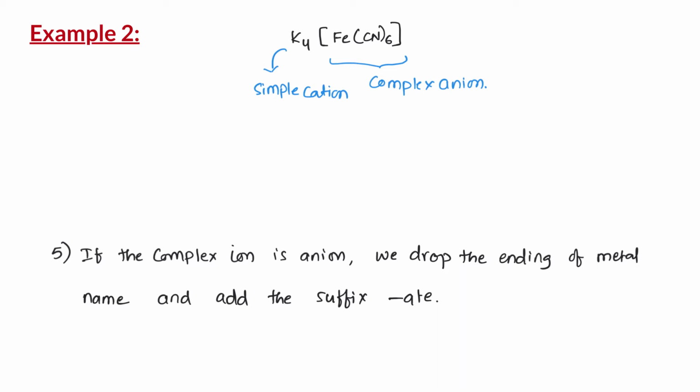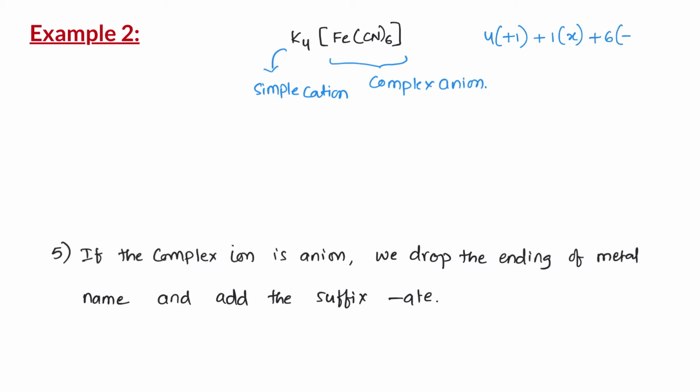First, let us find out the oxidation number of the central metal ion, that is iron. We have 4 potassiums and each of them has a +1 oxidation number. One iron, let's assume its oxidation number is X, and we have 6 cyanide ions.